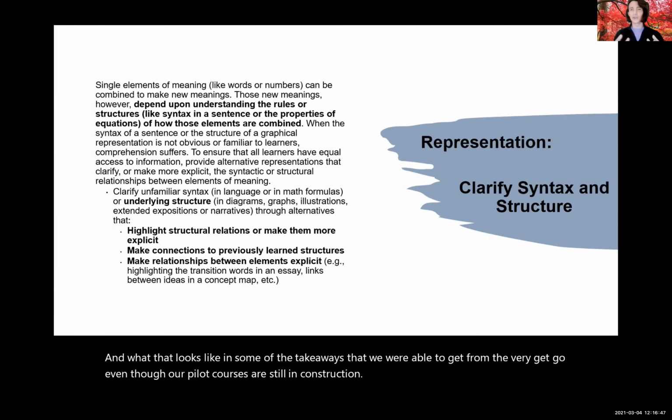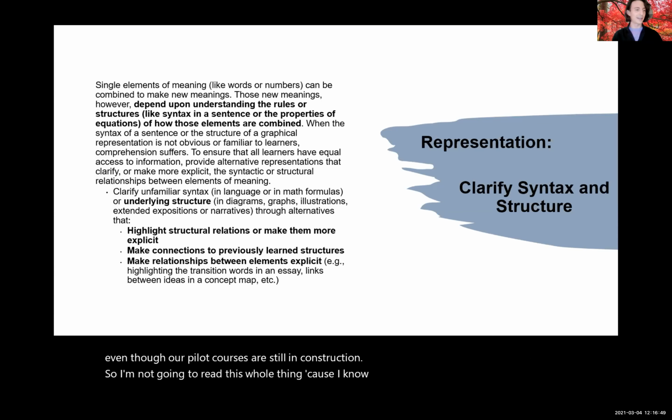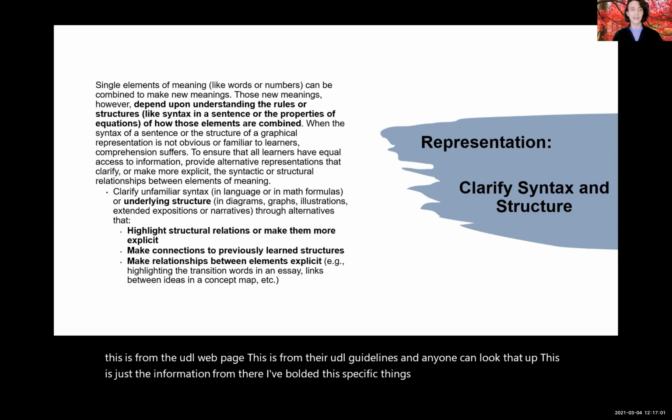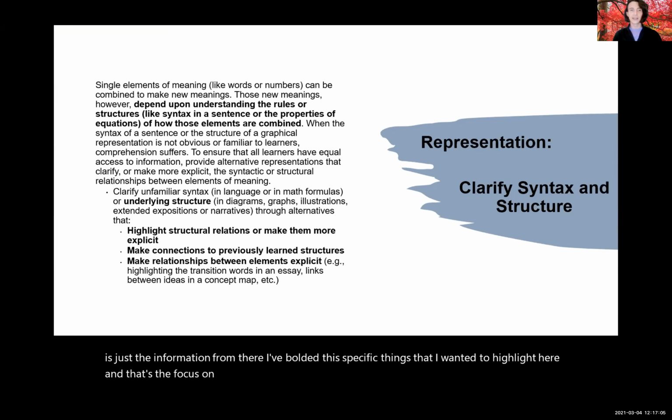I'm not going to read this whole thing because I know we're a little strapped for time. But this is from the UDL webpage, from their UDL guidelines, and anyone can look that up. This is just the information from there. I bolded the specific things that I wanted to highlight here: the focus on underlying structure, highlighting structural relations, and making them more explicit.